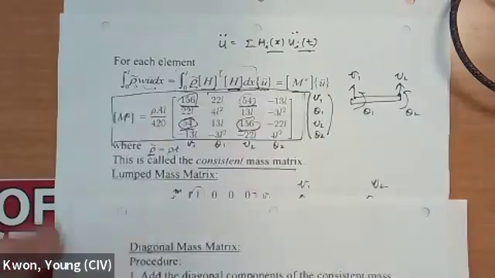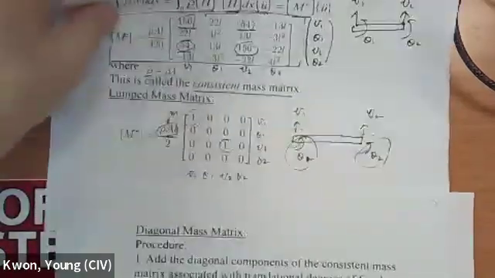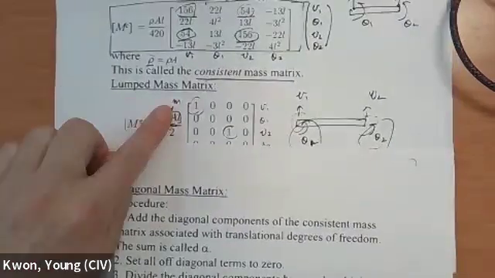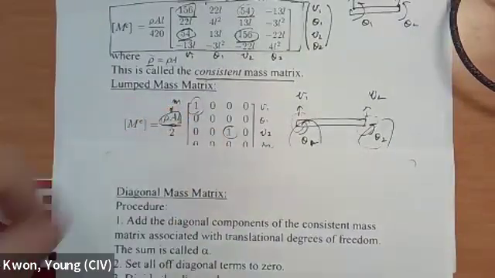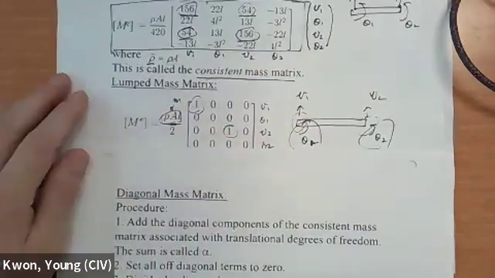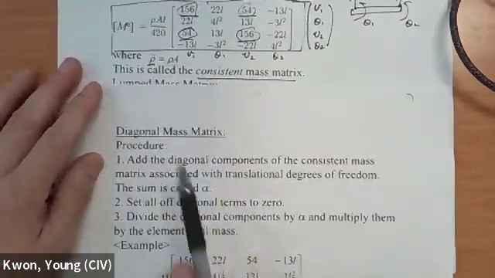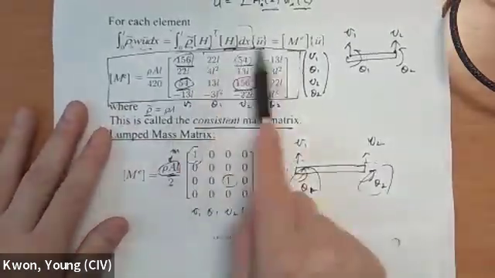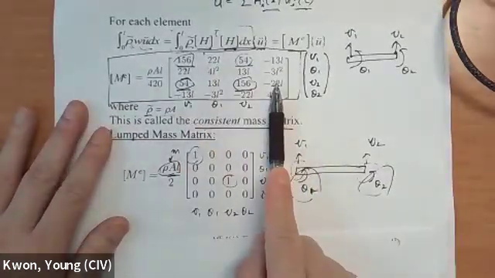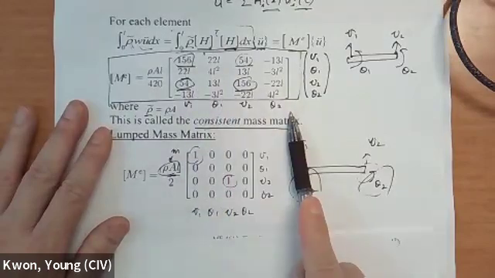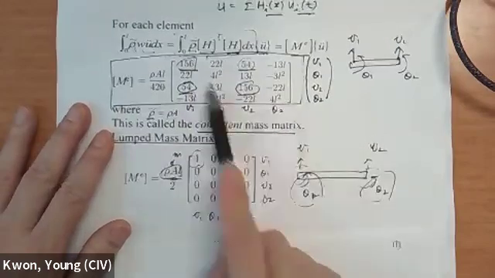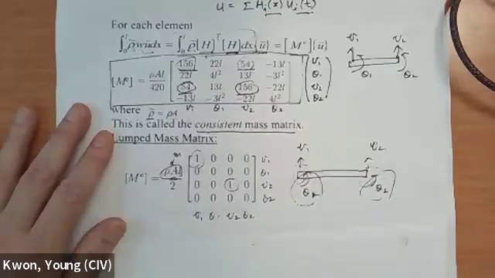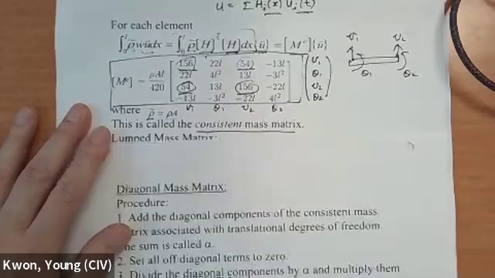Okay, so we are talking about 3 different mass matrices. One is the consistent mass matrix, and one is the lumped mass matrix, which is simplest from just common sense. And then this is the diagonal mass matrix. So in other words, we are going to make the consistent mass matrix diagonal artificially, without following any kind of principle.